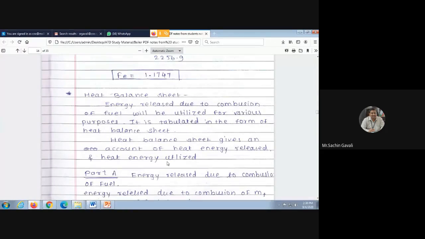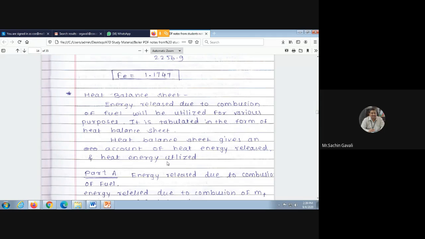But 30 to 40% heat is going in the form of losses. It is not completely utilized, so this acts as losses from the boiler. Hence we should study the different heat losses that occur in the boiler plant.